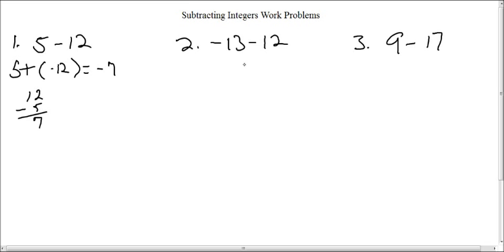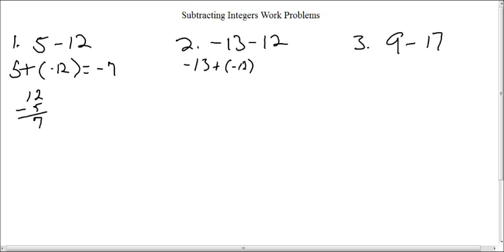Number 2, a negative 13 minus 12 is written as a negative 13 plus, remember, as you say, keep, change, flip, negative 13 plus a negative 12. Now you're back with your rules of addition.